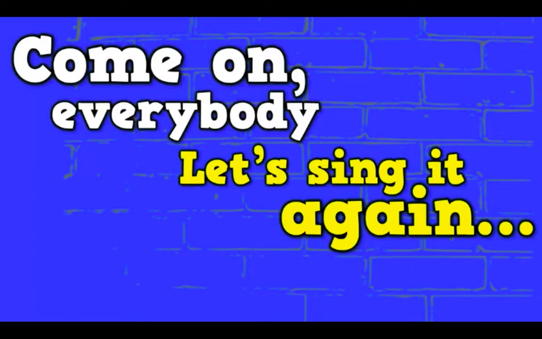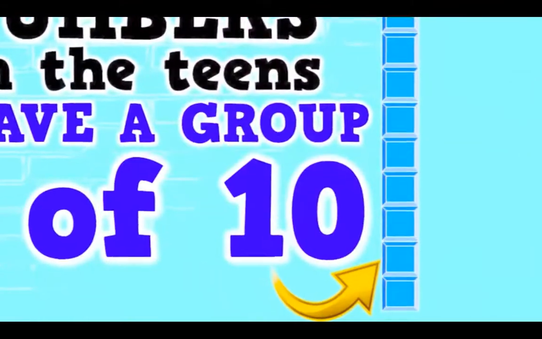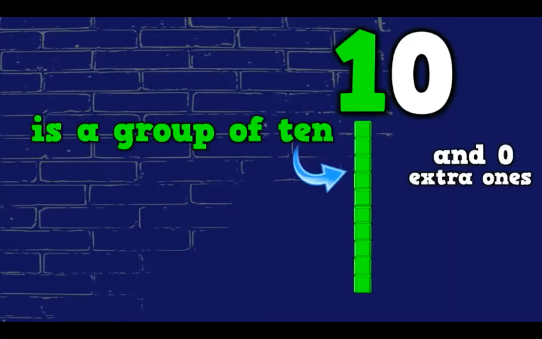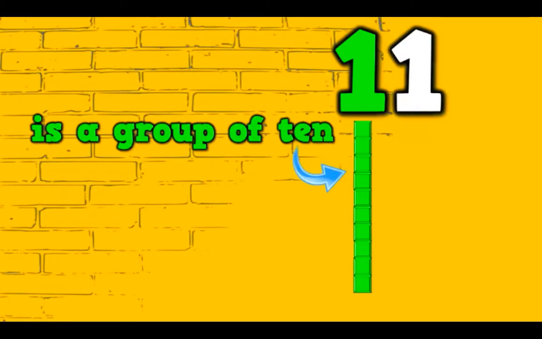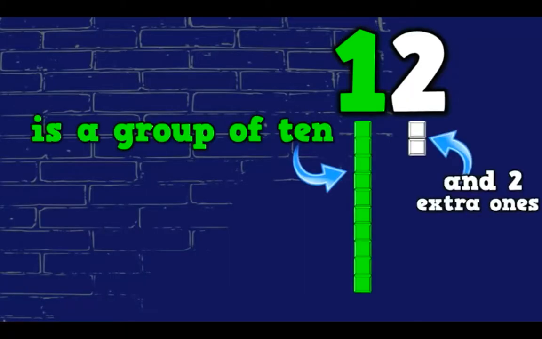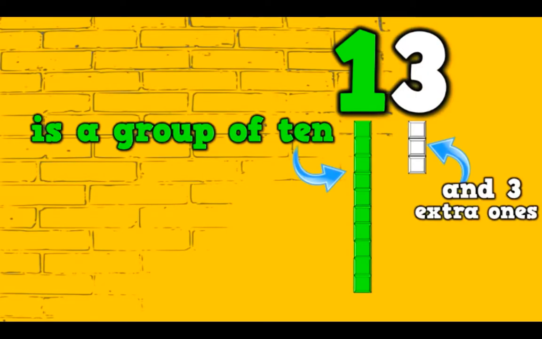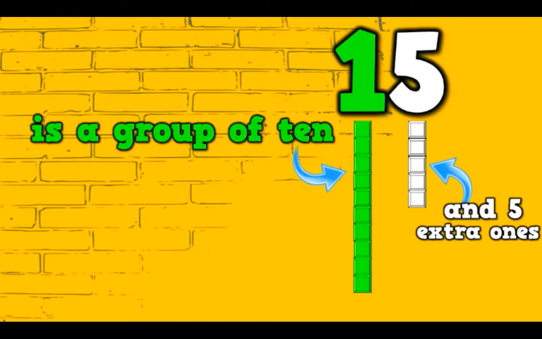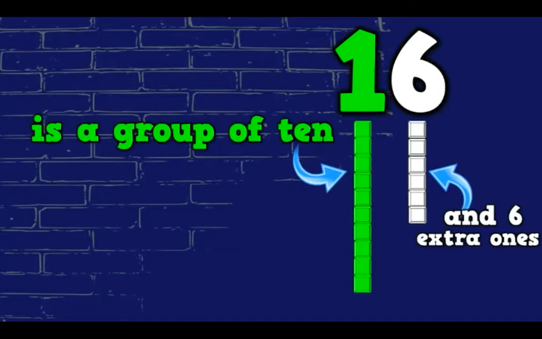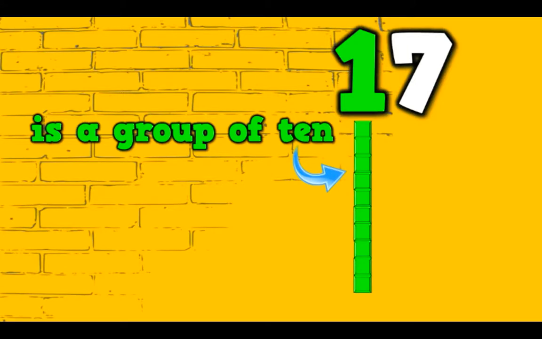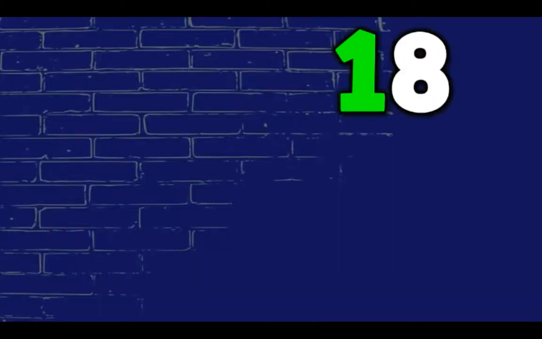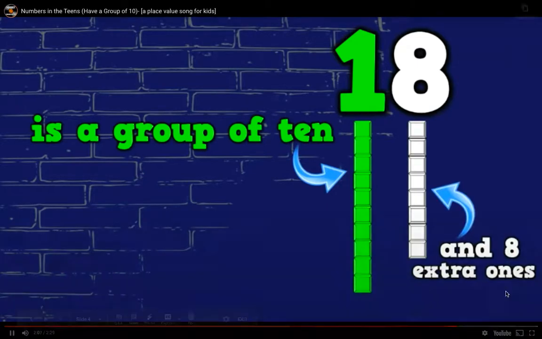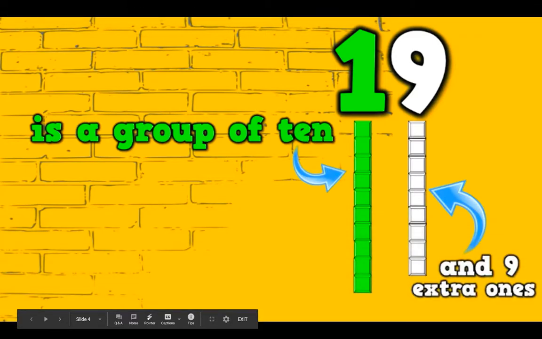The song repeats: 10 is a group of 10 and 0 extra ones, through 19 is a group of 10 and 9 extra ones.